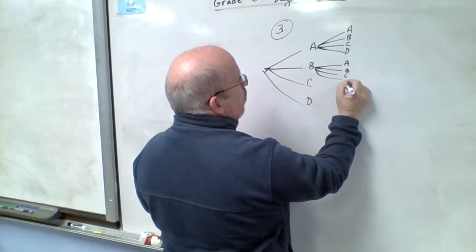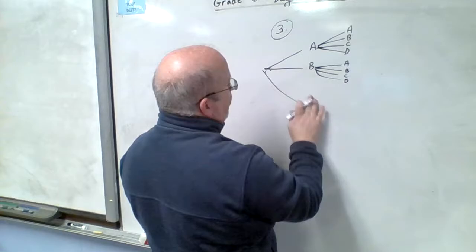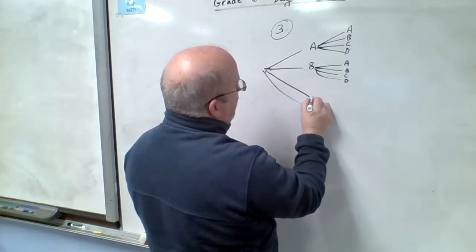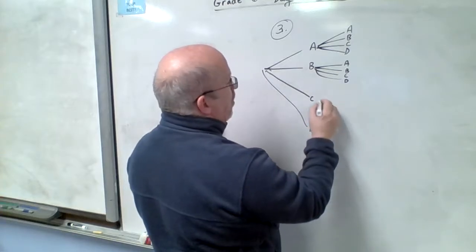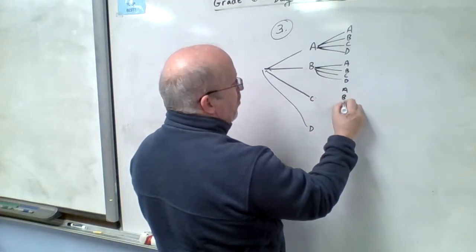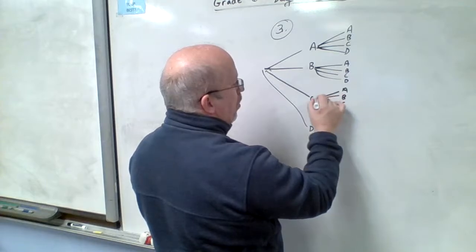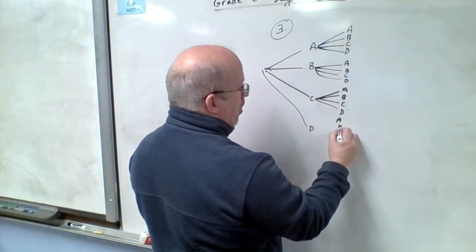Uh-oh, running out of room. I might have to move this C down a little bit to give myself more room, and then also move the D down a little bit more.